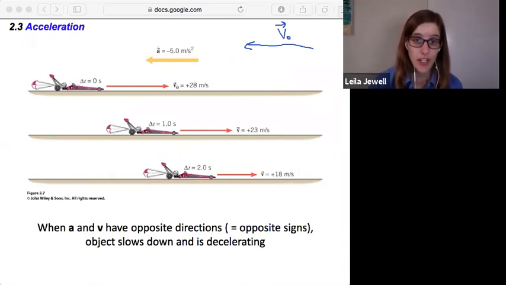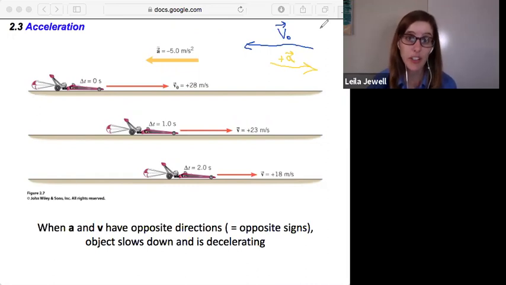Similarly, if I then had a positive acceleration with a negative initial velocity, my car could now be slowing down. It's trying to go in the negative direction and the acceleration's acting in the opposite direction.